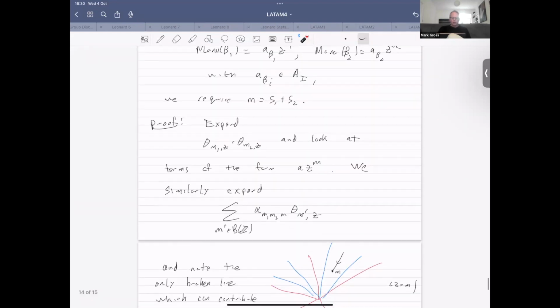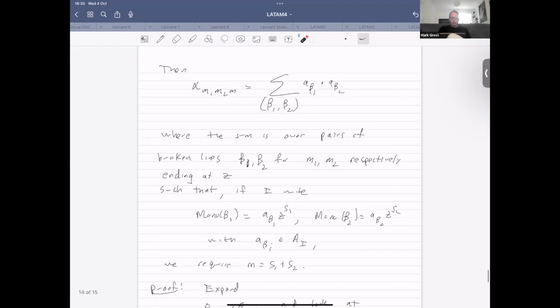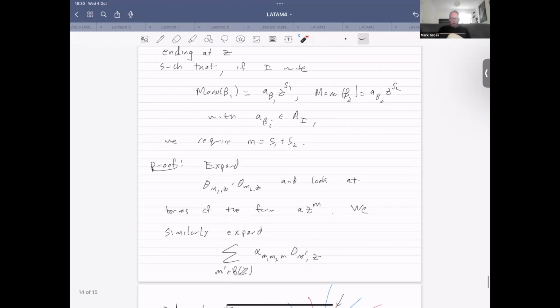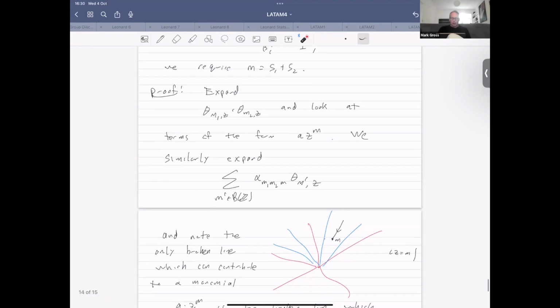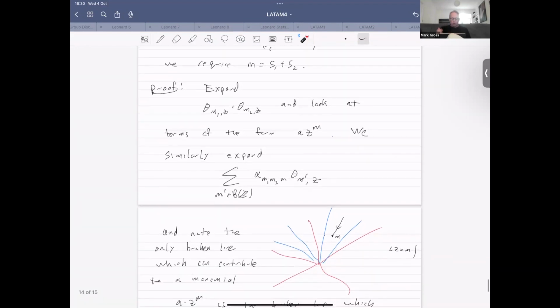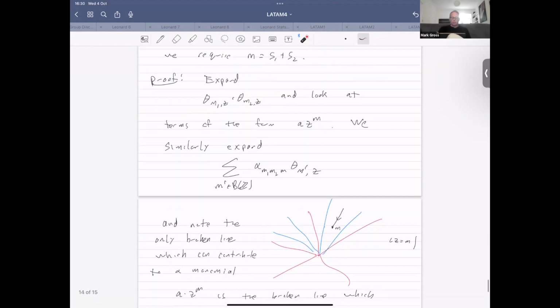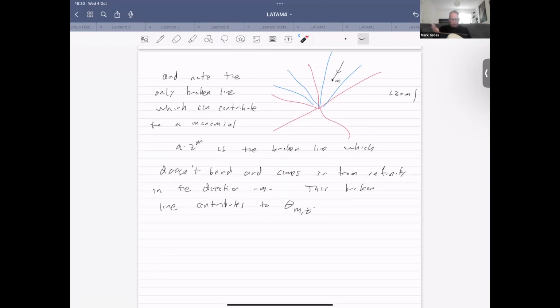On the other hand, that has to be the coefficient of theta m, because no other broken line is going to contribute to any theta m prime and give the exponent z to the m.